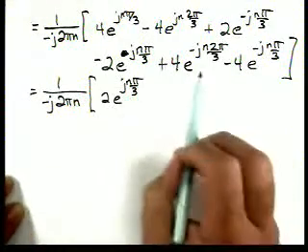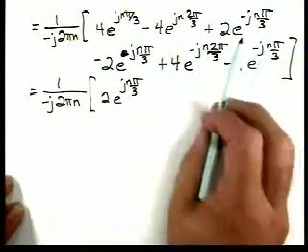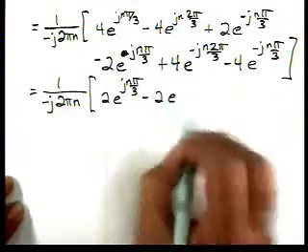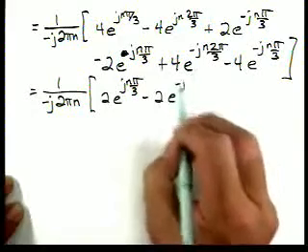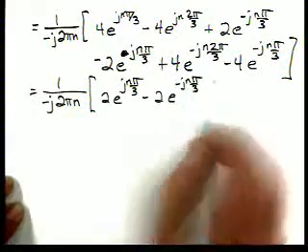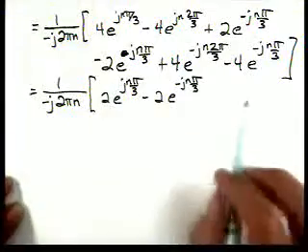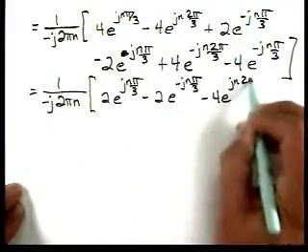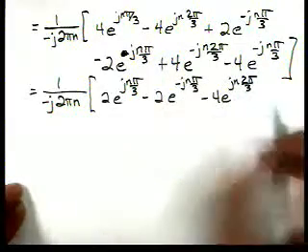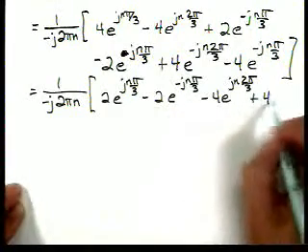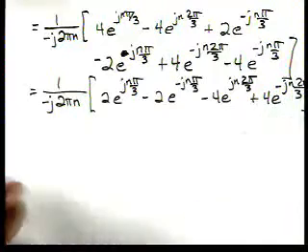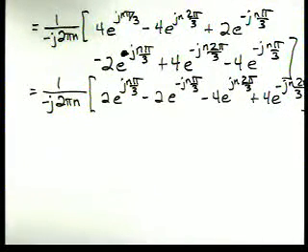Then the two terms with minus j n pi over 3 combine to give 2 e to the minus j n pi over 3. Then we have minus 4 e to the j 2 pi n over 3, and plus 4 e to the minus j n 2 pi over 3. So we broke it down to 4 terms.